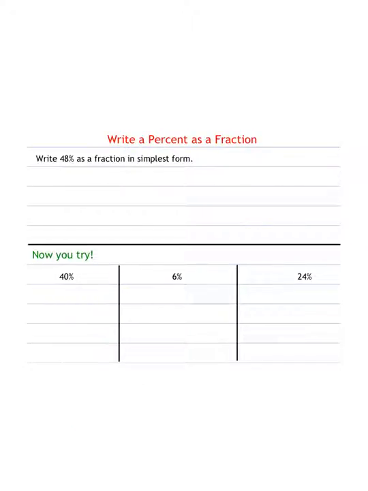And then if we want to write each percent as a fraction, we know that anything with a percent is just that number over 100. So 48% would be the same as 48 hundredths.